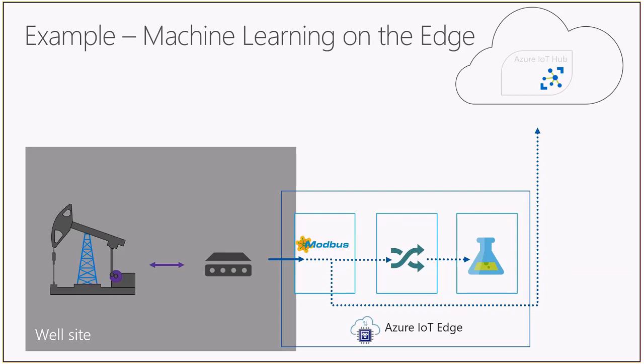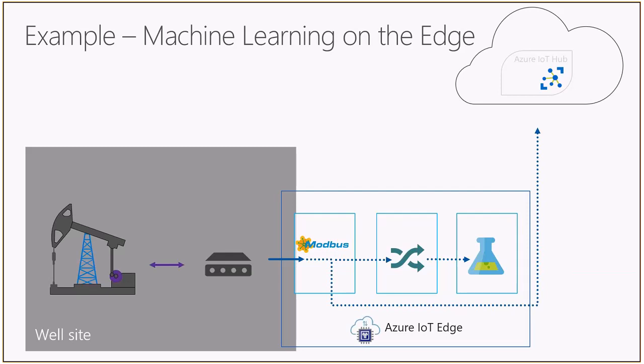So here what's happening is data is collected from the Modbus, and there is a module which runs, which does data transformation so that the data can be fed into an Azure ML model, which it understands. And this is mostly for scoring on the edge, right? You do training on the cloud, bring it down, and it's for scoring.